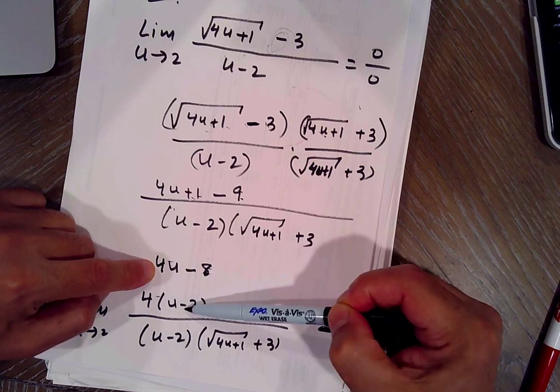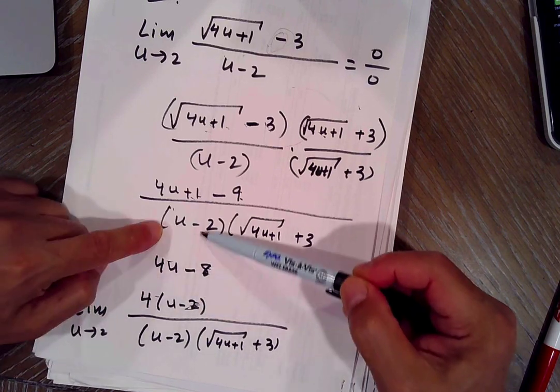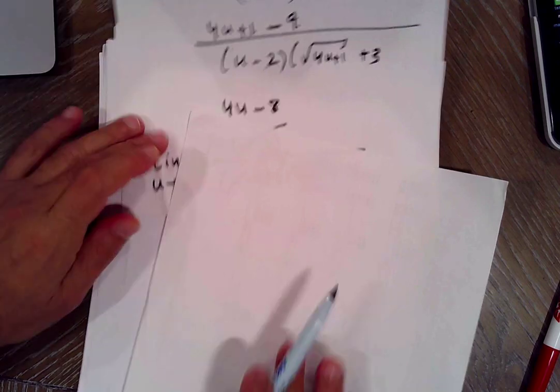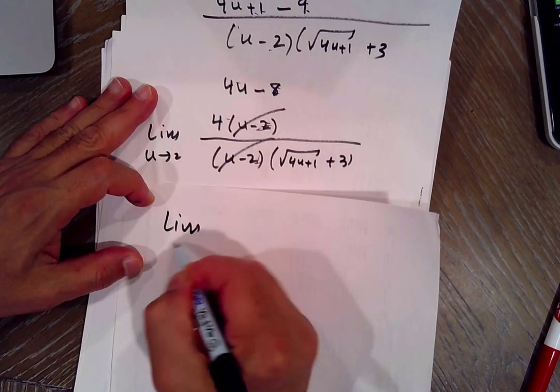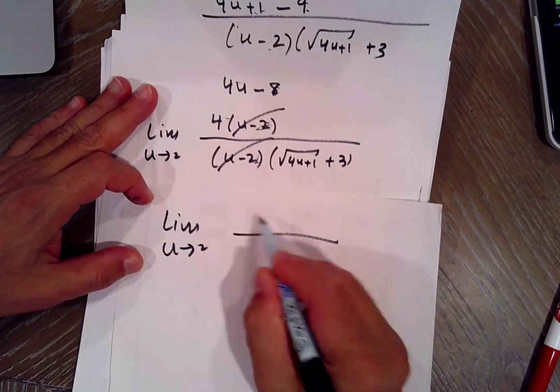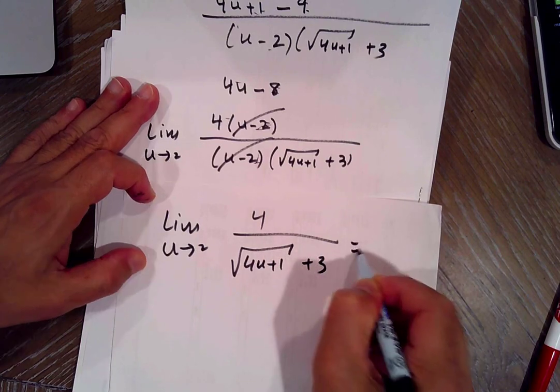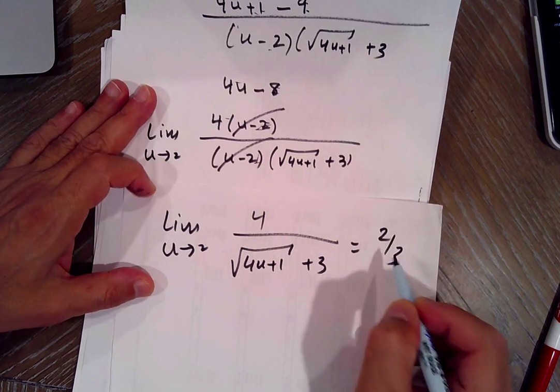Factored out the 4 and got the numerator. And the bottom I brought down. Now you know what's going to happen. Cancel this out, and then plug in the 2. So you get 4 over root 4u plus 1 plus 3, which would be 2/3 if you plug the 2 in.